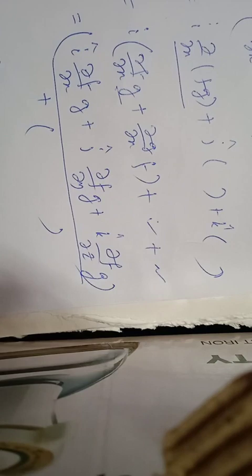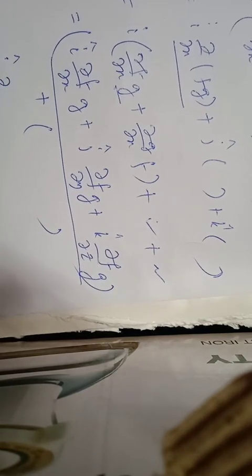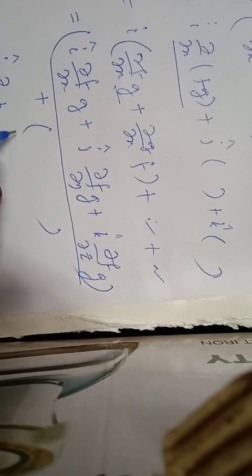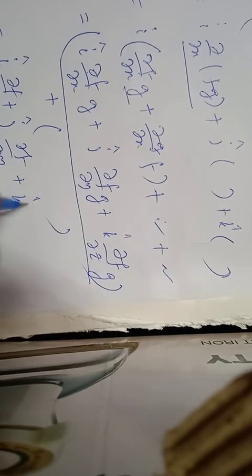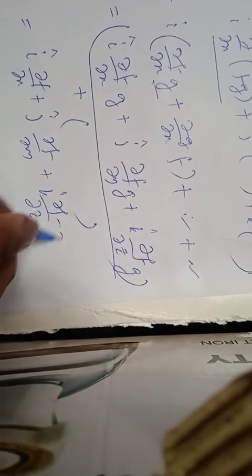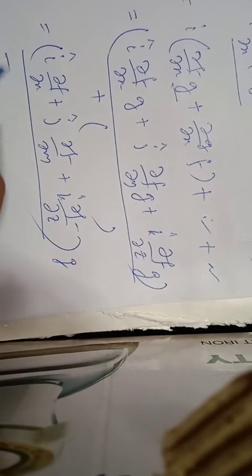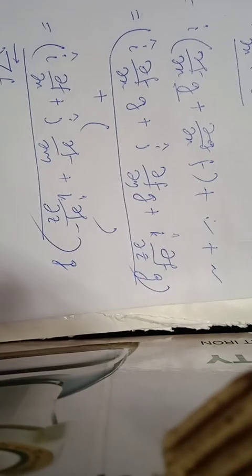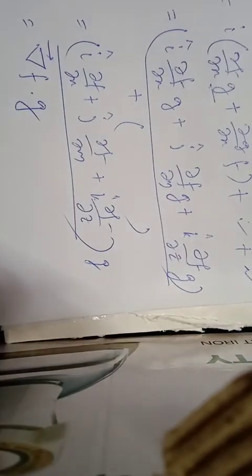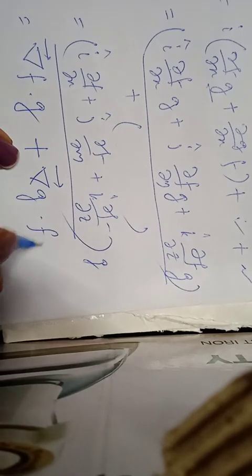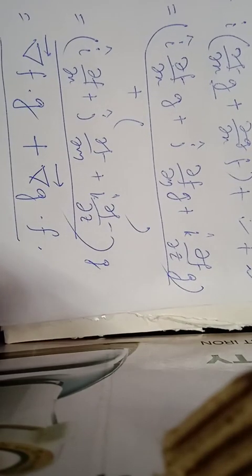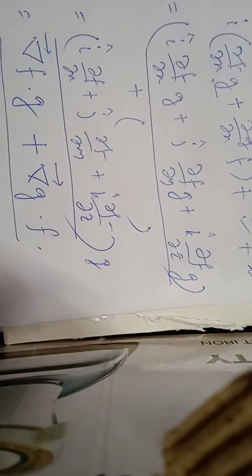So we can write it as (i cap del f/del x plus j cap del f/del y plus k cap del f/del z) g. Now what does this mean? This means grad f, and then g. Got it? Similarly, from the next term you will get grad g, then f. So this is how to prove this property. Moving to the next one.